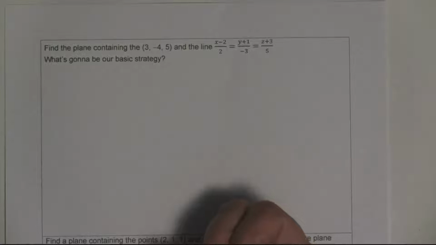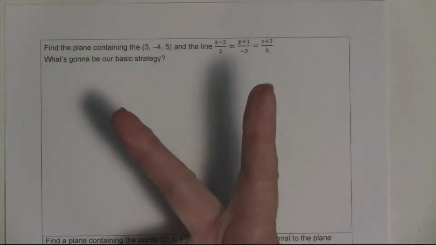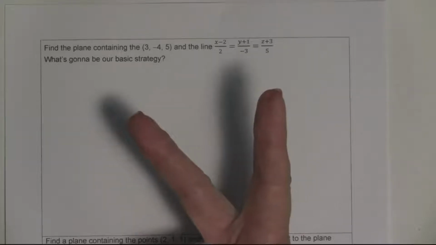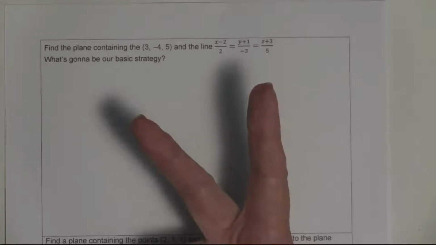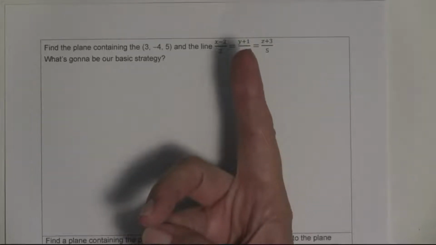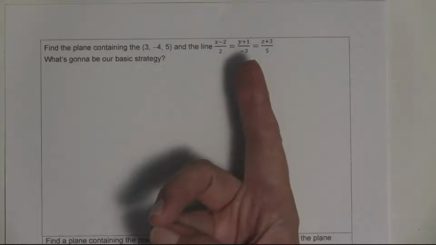The other thing that I need as a way to find my plane is I need 2 non-parallel vectors in my plane, and I could use this line. Because it's a line, right?